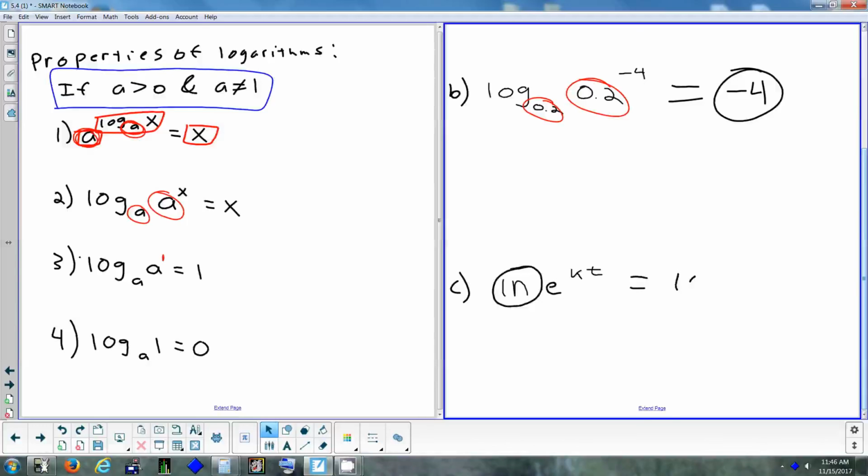Log something else. E. Log base e. So what I just circled, I just rewrote as log base e. That's the long way to write it. Now copy the rest of the problem. Now it should be clear that it's rule 2 because these match. So what would the answer be? kt, whatever k times t is.